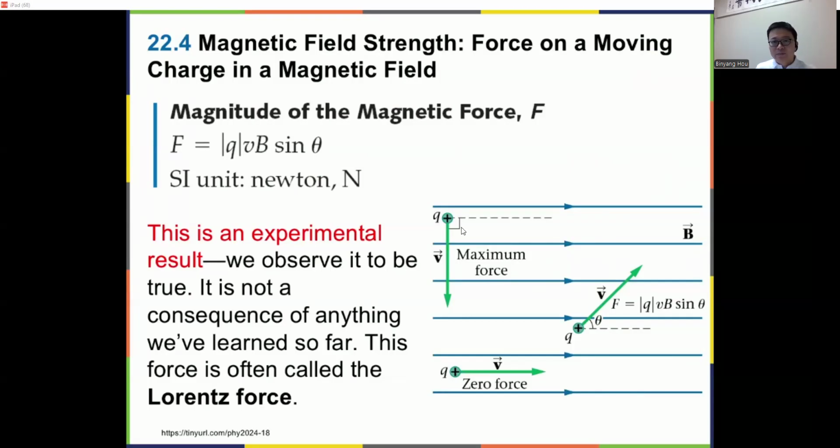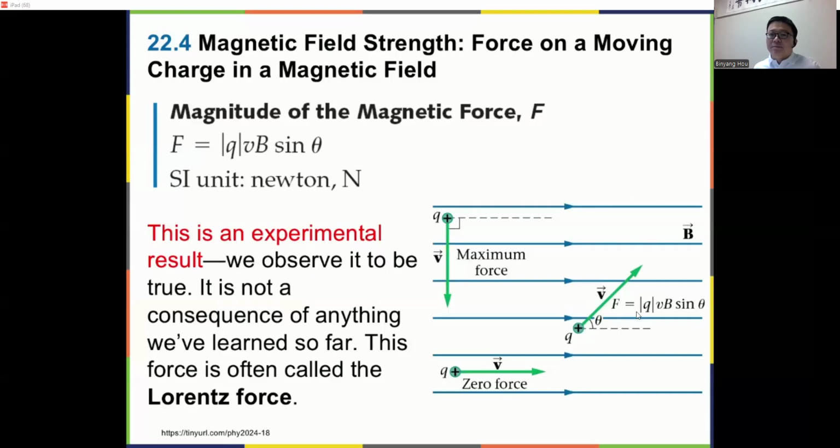When V and B are perpendicular to each other, theta is equal to 90, and sine of 90 is 1, which is the maximum, so you have maximum force. When V and B are parallel to each other, theta is 0, so you get minimum force or no force, because the force will be 0.